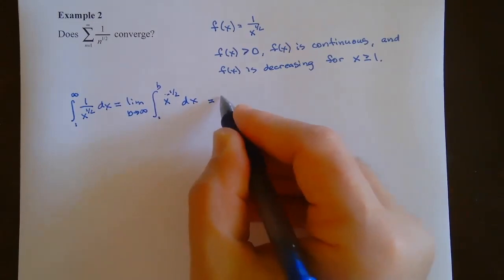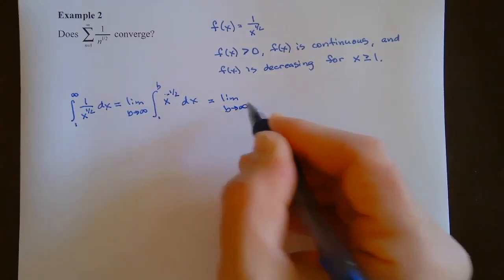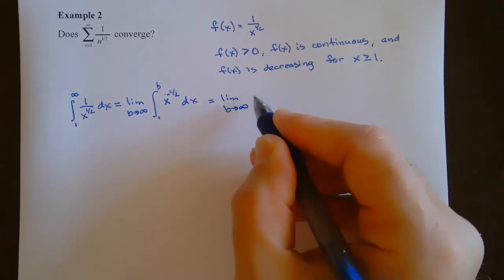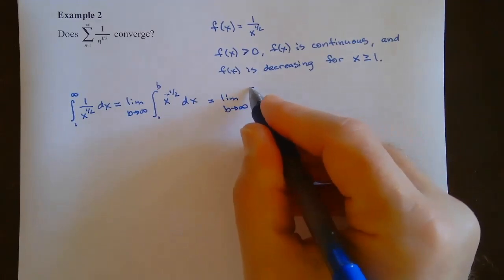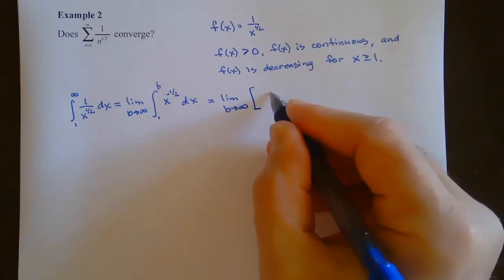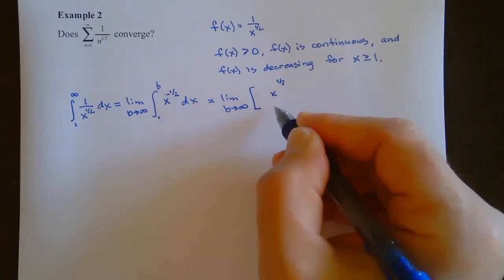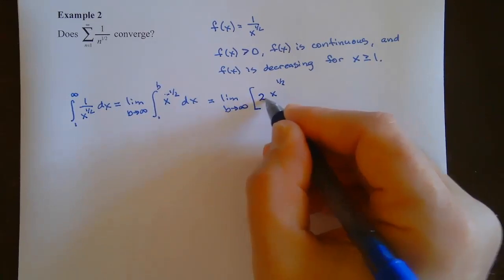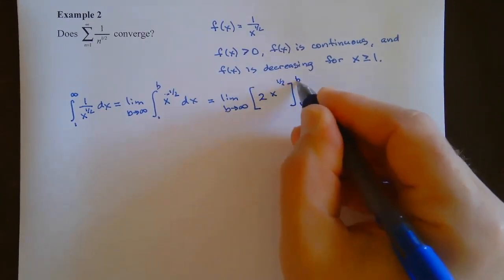So this is equal to the limit as b approaches infinity of, and we're going to add 1 to this. So that's going to be, I'm going to start a bracket here, x to the 1/2 divided by 1/2. But dividing by 1/2, it's better to multiply by 2. So 2. And we're going to evaluate that from 1 to b.